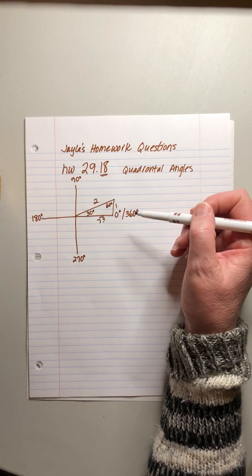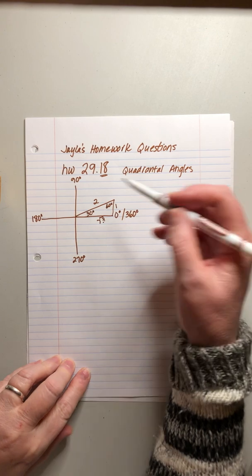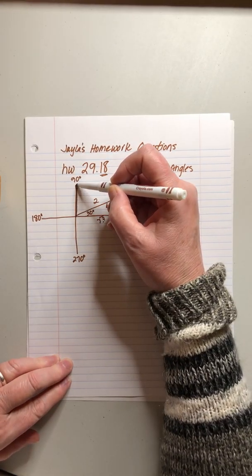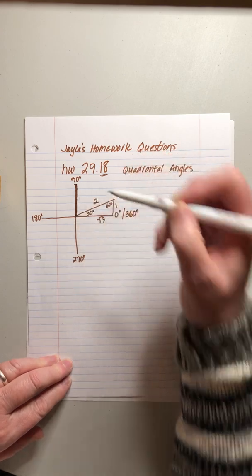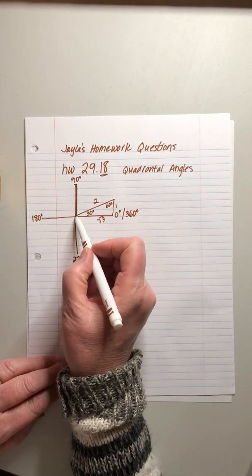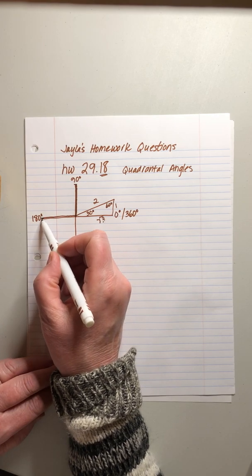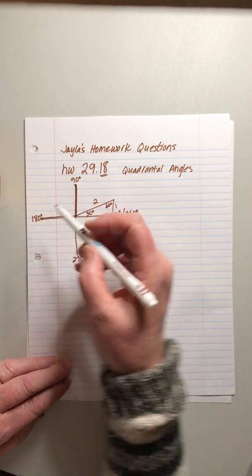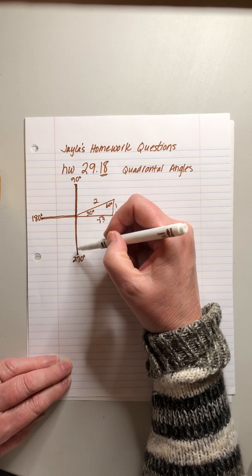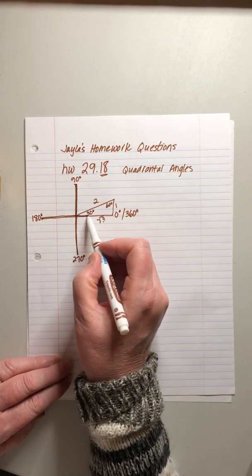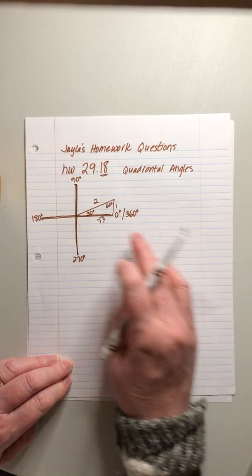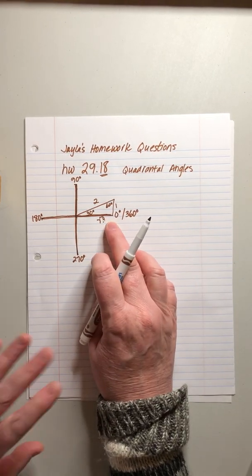Using the same logic, we can find the value of the angles, like a 90-degree angle, which we can't really see because it lies right on top of that line. But we can find a 90-degree angle. We can find sine and cosine. We can find sine and cosine of a 180. We can find sine and cosine of a 270. We can find sine and cosine of a 0 or 360.